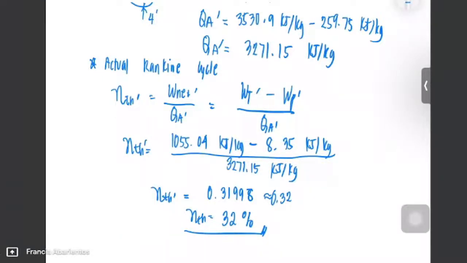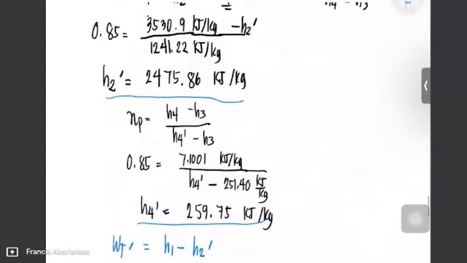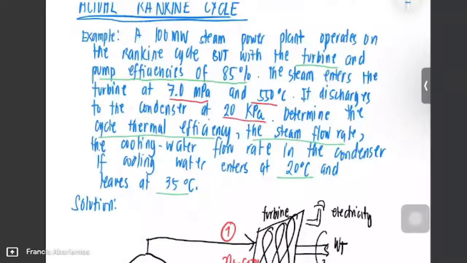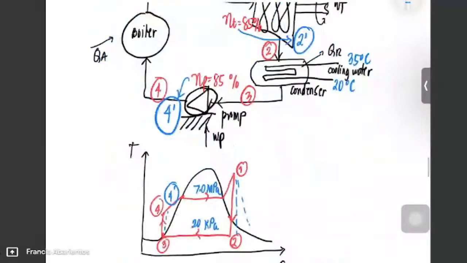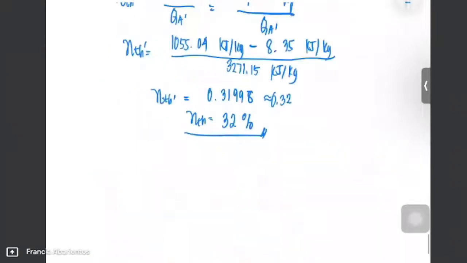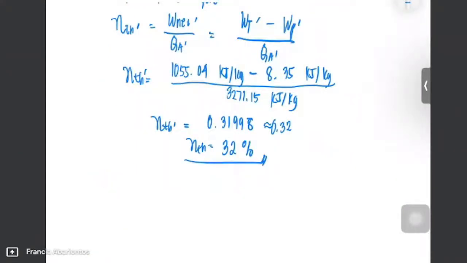The next question now, given sa atin yung steam flow rate, given sa atin class is the 100 megawatt steam. Okay? And finding for the flow rate of the steam.